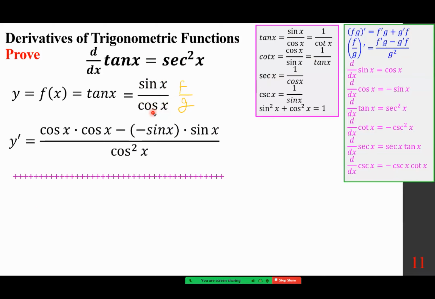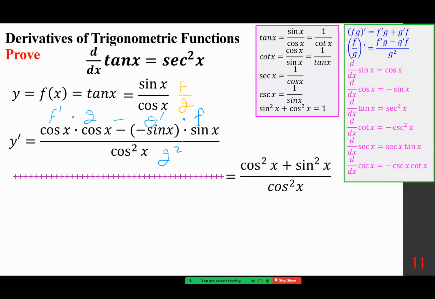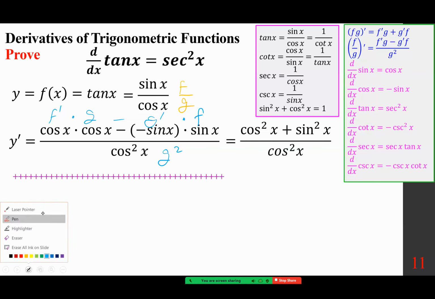So I hope you see what we have here. Let me write. So this is f prime, this is g, minus, this is g prime, this is f, this is g squared. The top is cosine squared plus sine squared, which is the same as sine squared plus cosine squared, so the numerator is 1.